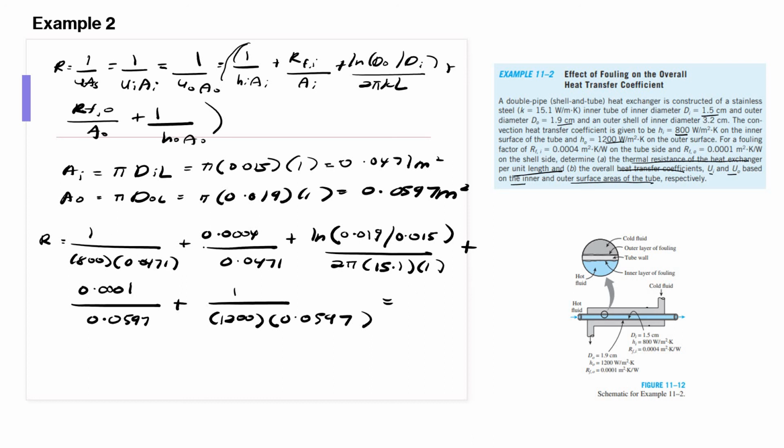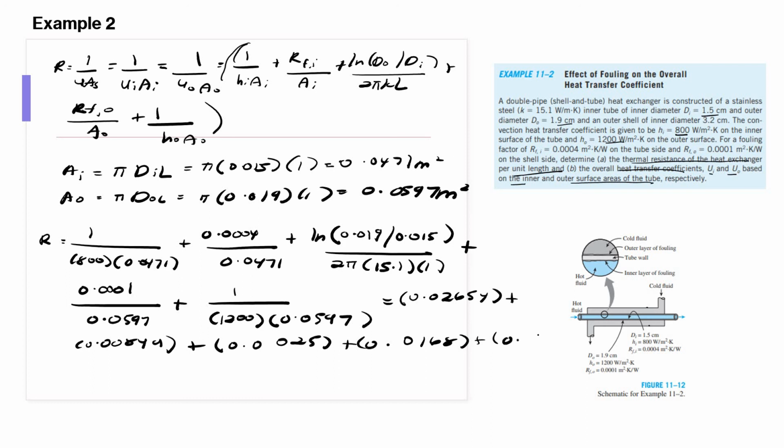Okay, let's solve all of this first. For the convection, you will get 0.02654, plus the second one, the internal fouling factor, 0.00849, plus 0.0025, plus 0.0168, plus 0.01396. Basically you can put the brackets here and here.